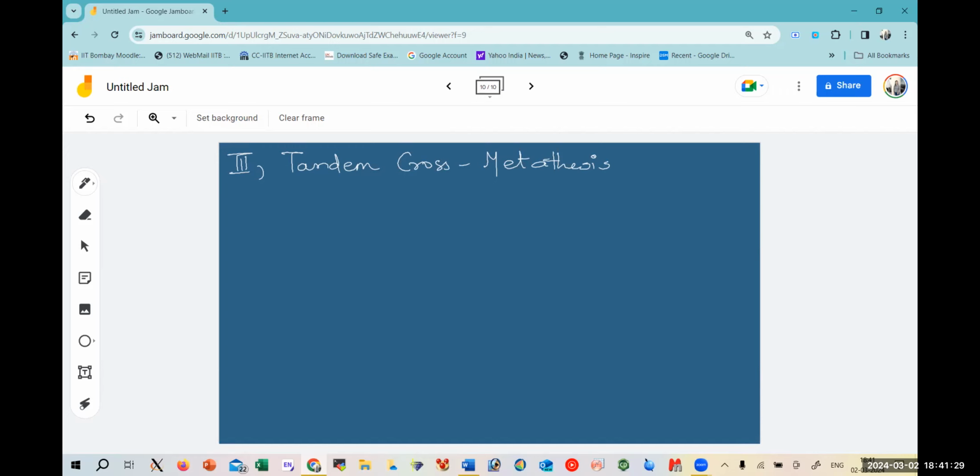So this is again a cross metathesis ring closing mechanism where it would be a tandem cross metathesis. The dimerization and trimerization would be happening over here. So if I am having this kind of alkene, what we would be thinking of is combining this one and this one with each other. So these are actually the acrylate esters.